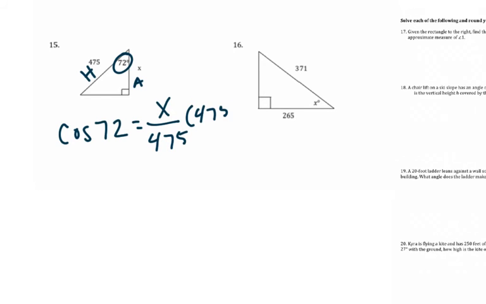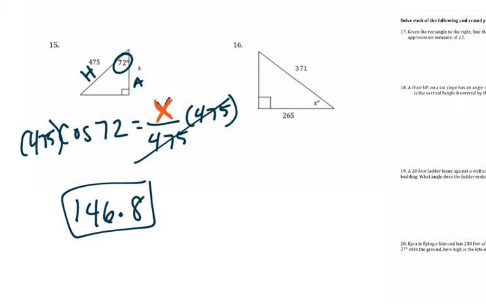Solve for x. If there's an x on the top, it looks like a multiplication sign, so that means we multiply. So we multiply this times 475. 475 cosine of 72 equals 146.8.